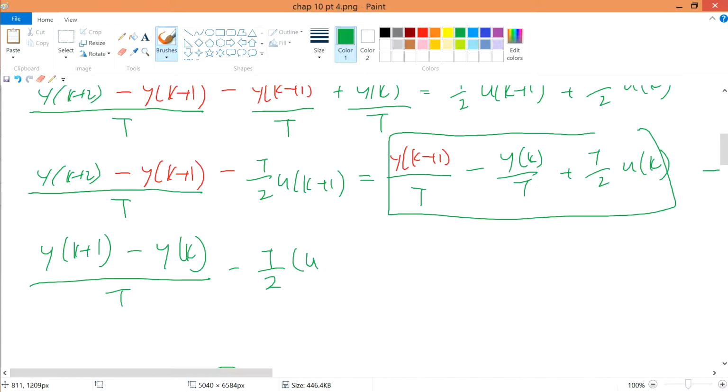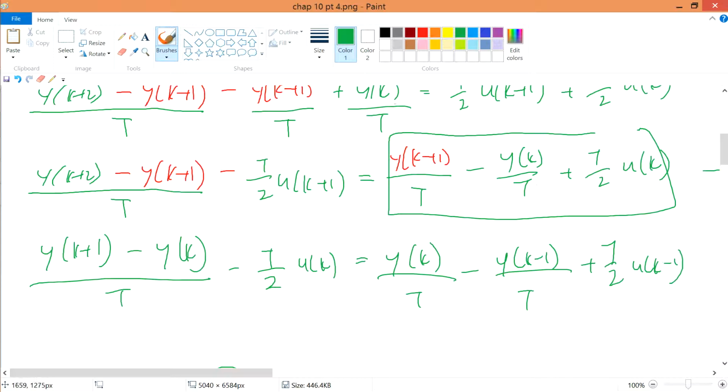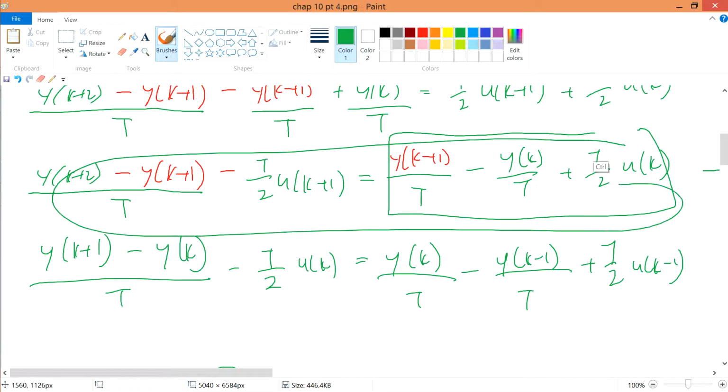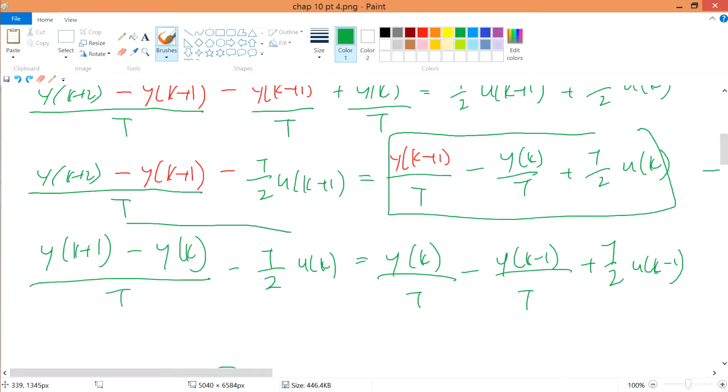In the case of k plus 1, I have uk, so I have uk equal to, instead of k plus 1, I will have k over t minus, instead of yk, I'll have yk minus 1, plus t over 2, instead of uk, I'll have uk minus 1. So I shift the whole signal back by 1, and I'll have this thing.